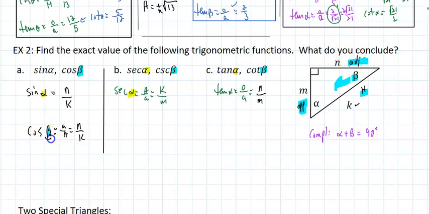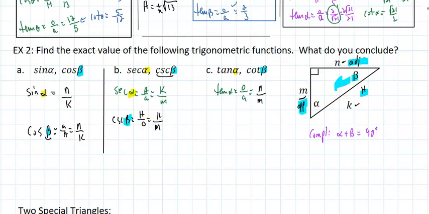So when I say the cosine of beta, that's the adjacent over the hypotenuse. When I say what's the cosecant of beta, that is the hypotenuse over the opposite. As far as the blue is concerned, the hypotenuse is k, and the opposite of beta is actually m.